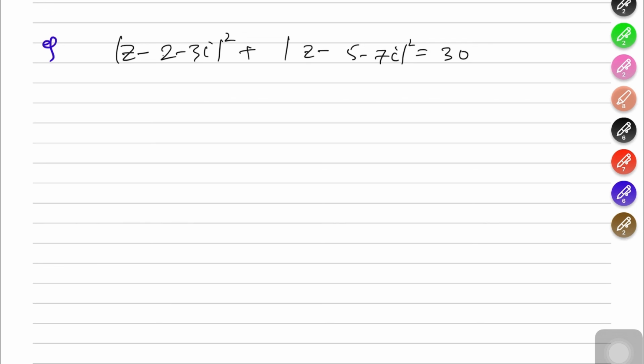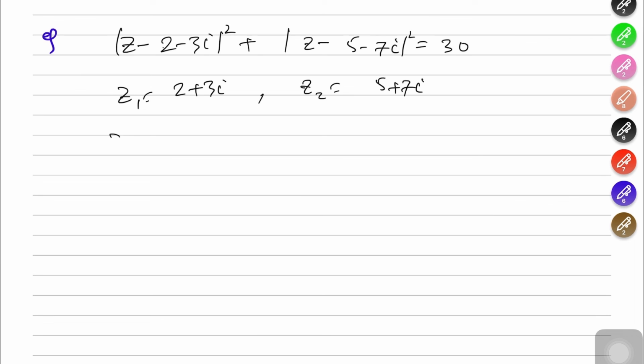So let's see, what is z1 here? 2 + 3i. What is z2 here? 5 + 7i. So what is z1 − z2? This is 2 − 5, that is −3, and 3 − 7, −4i, so that is 5.